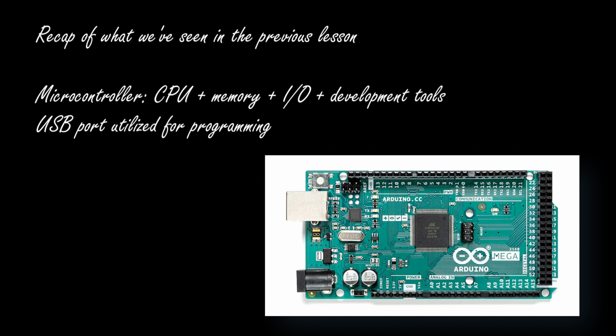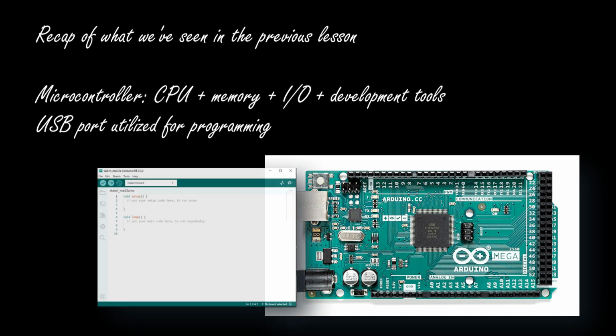This is a complete computing system which includes a CPU, so central processing unit, memory, input-output pins, and development tools. Programming of the Arduino platform is accomplished through the USB port. In order to develop applications on Arduino, it's possible to utilize the Arduino IDE development tool.